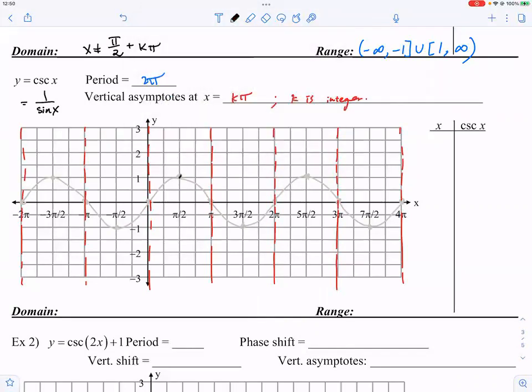And then once you get more comfortable with secant and cosecant graphs, once you have the sine graph and cosine graph constructed, you will find the secant graph and cosecant graph very, very easy to finish, because you're just drawing the points from the peak and the bottom, and then just draw the remaining parts.